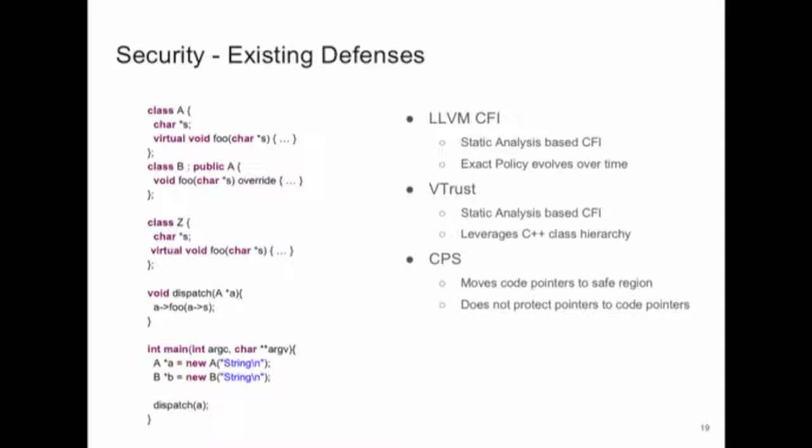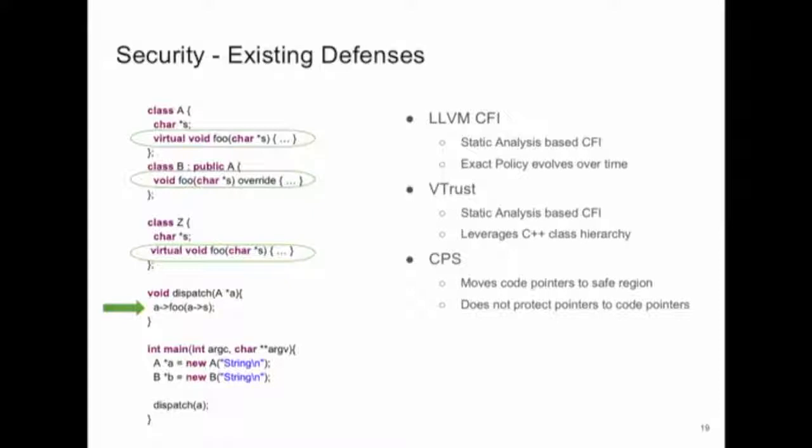Okay, so for security, how do existing defenses work? These are all just CFI implementations, so they're based on static analysis. At the dispatch site, if you were just looking at any address taken function, the green circles show the functions that you might target. When you apply LLVM CFI, it's aware of the class hierarchy.